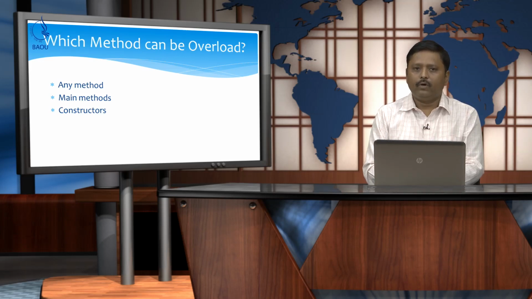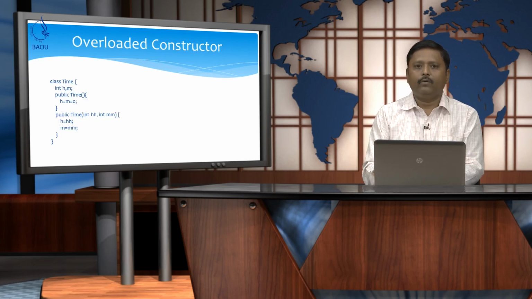So, you can define multiple constructors in a class, and the main method, which is the primary start point of execution of your program, can also be overloaded. So, you can overload the main method as well as constructors and any method with the certain conditions that we have discussed. So, these three types of method we can overload.